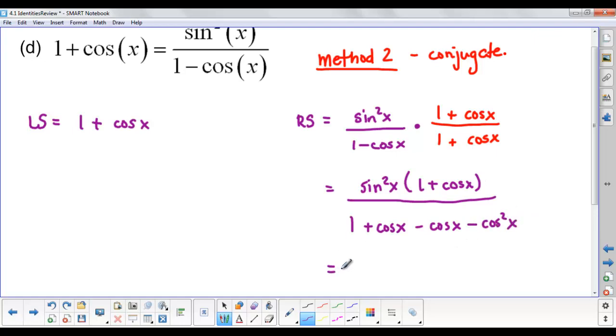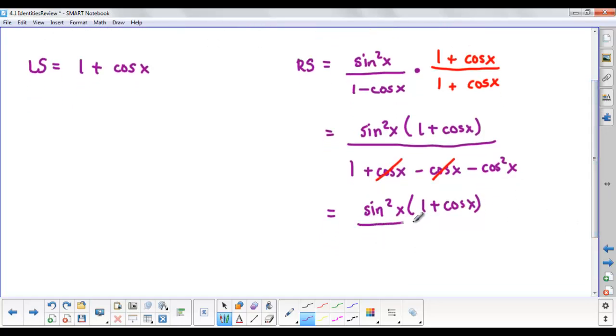Now, the reason that we multiply by the conjugate is twofold. First, the terms in the middle, you'll notice, go away because we have plus cos x, take away cos x. So all we're left with is really sine squared x times 1 plus cos x, and then on the bottom 1 minus cos squared x. And so the conjugate was great because the two middle terms go away.